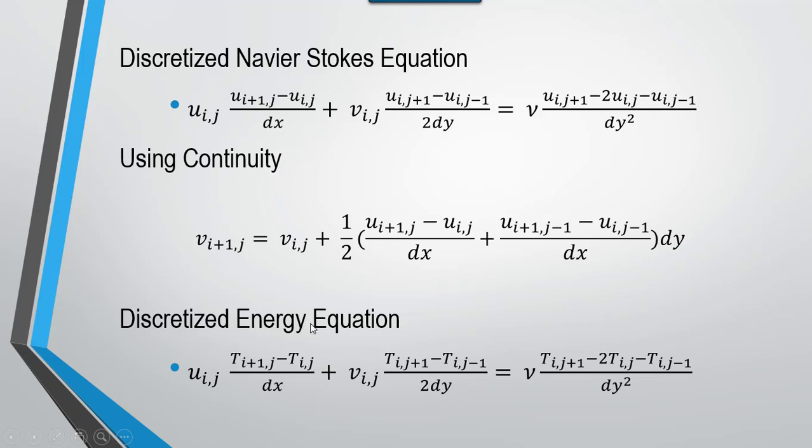But for the first derivative in the direction of x, the Crank-Nicolson method is used to calculate the arithmetic average of velocity values. After discretizing the Navier-Stokes equation, we discretize the energy equation with the same model, using the forward method for the first derivative in the x direction, the central method in the y direction, and the central method again in the y direction for the second-order derivative.